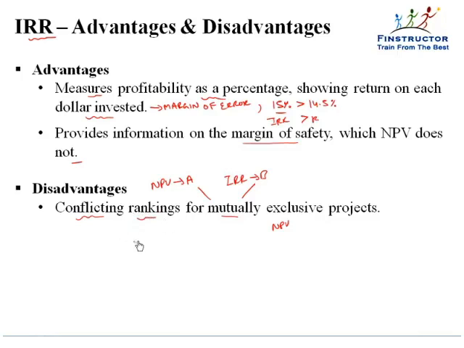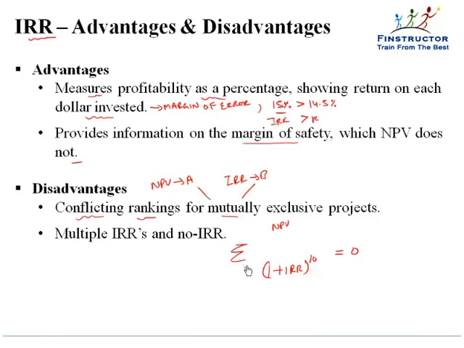Secondly, the mathematical calculation for calculating the IRR is relatively complicated, because the IRR is a solution to a complex equation which often ranges to the power of 4 to the power of 5. So there can very easily be terms of 1 plus IRR to the power 10, the sum of which has to be equal to 0.